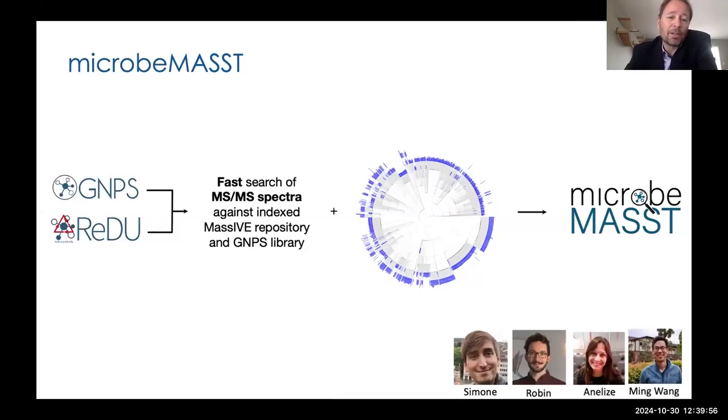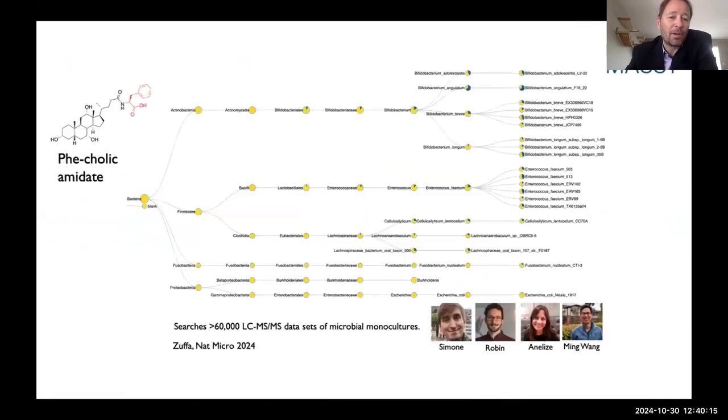But then we coupled this with a fast mass search that we have implemented, and combining it with this particular readout is what allowed MicrobeMass to be developed. And so that allows you to basically say, okay, if I have an MS/MS spectrum and I search with MicrobeMass, so for example, phenylalanine cholic acid amidate, this is a microbial metabolite that we discovered in 2020, or we published in 2020.